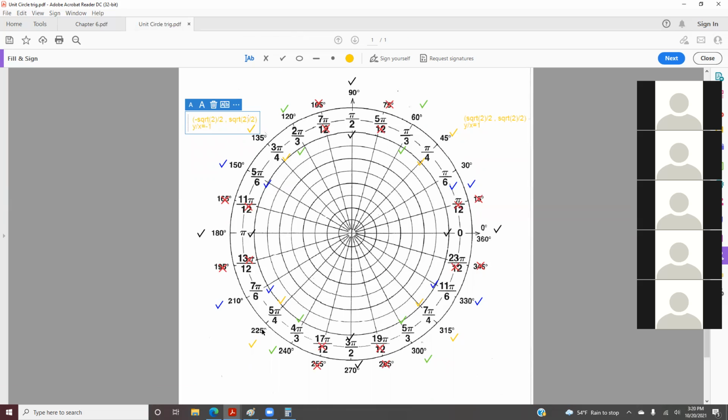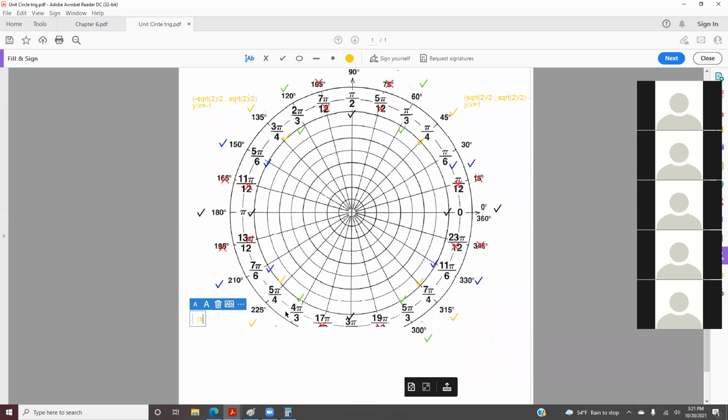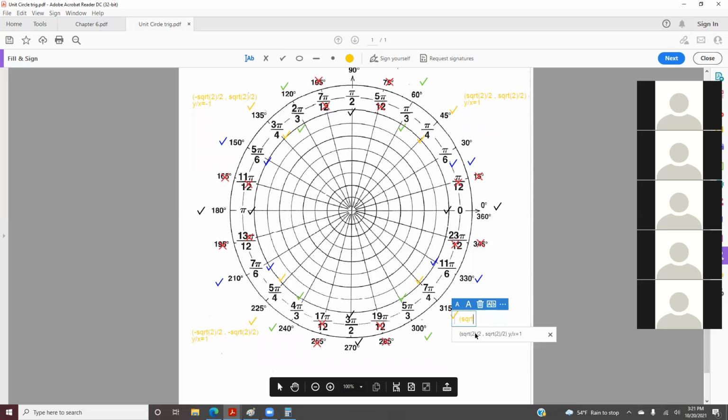And if you look at the 225, which is the same as 135, this is in quadrant 3. So what values are negative in quadrant 3? Both the x and the y values are negative in quadrant 3. But when you divide this, you become positive. And what happens in quadrant 4? The y is going to be negative. So that means, again, when you divide, you get a negative 1.